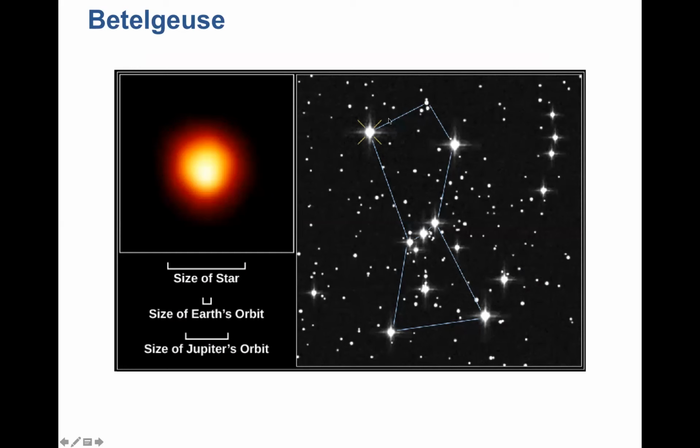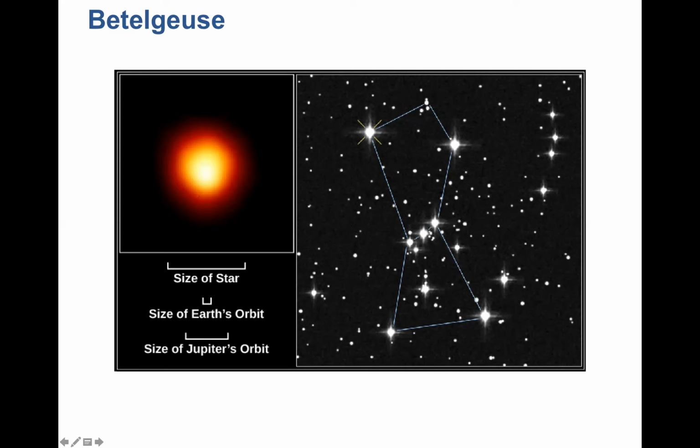But this is an example of a supergiant. It is an extraordinarily large star. It's large enough that with big enough telescopes, we can actually image it. Most stars are just points of light, but Betelgeuse is big enough that if you have the right equipment, you can actually see different parts of its surface.